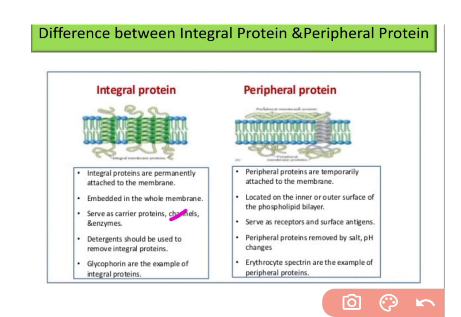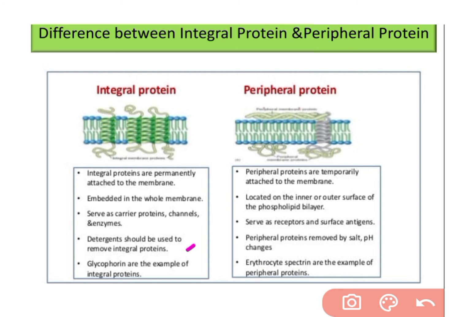Integral proteins are embedded in the whole membrane, while peripheral proteins are located on the inner or outer surface of the phospholipid bilayer. Integral proteins serve as carrier proteins, channels and enzymes, but peripheral proteins serve as receptors and surface antigens.